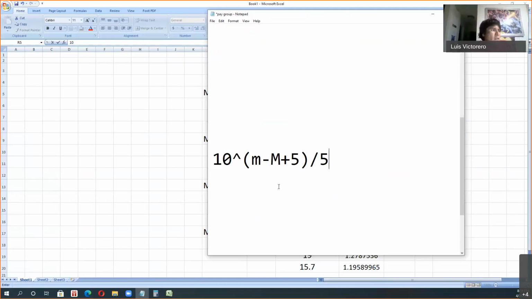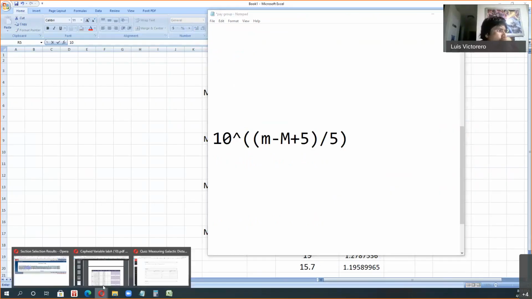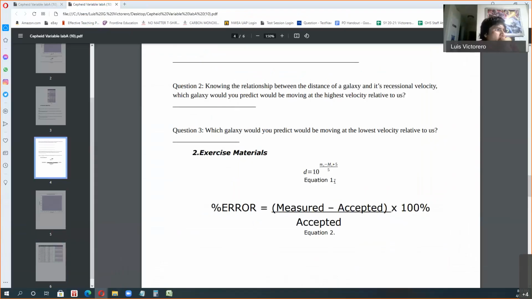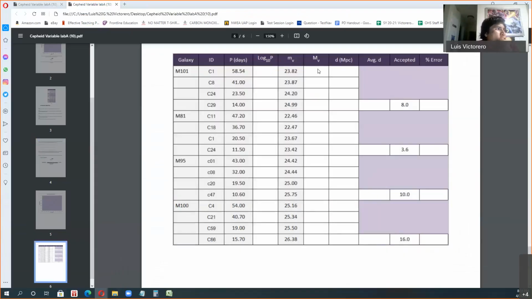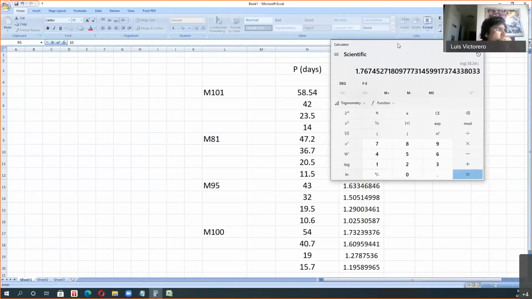But you remember this equation. So what's m minus M? You're going to use a calculator.